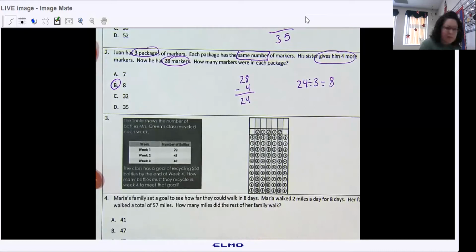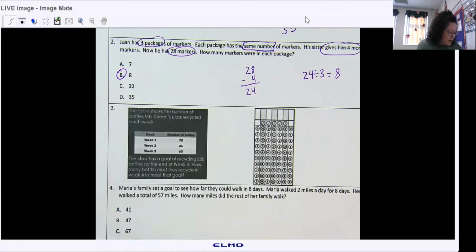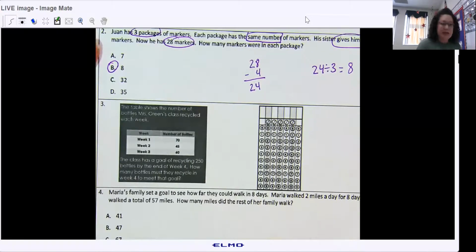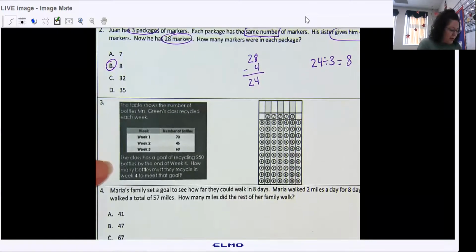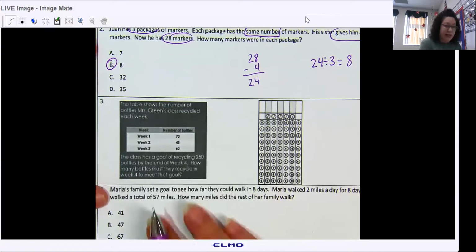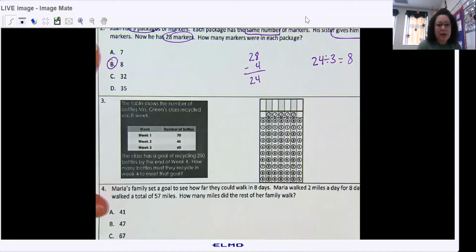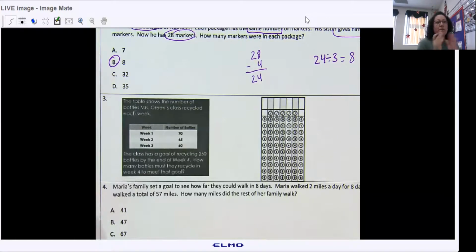Okay, this is kind of a messy question. This table shows the number of bottles Mrs. Green's class recycled each week. The class has a goal of recycling 250 bottles by the end of week 4. How many bottles must they recycle in week 4 to meet that goal? What are we going to do?